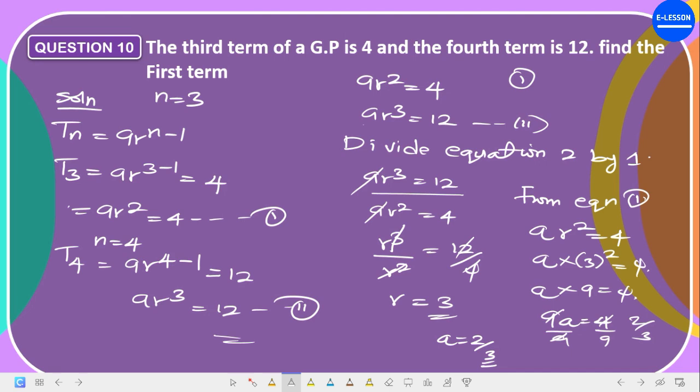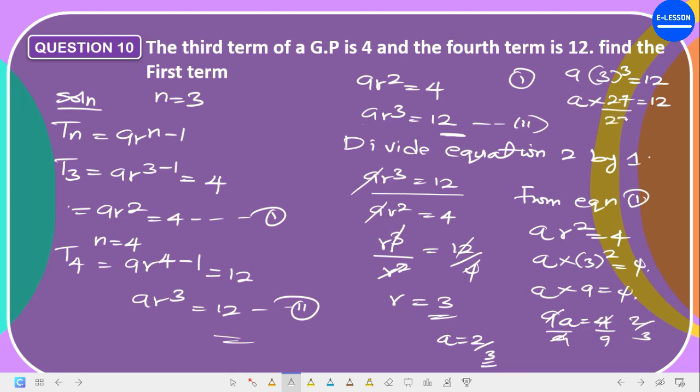I believe that makes sense, right? Let's try the other one and see if it will give us the same answer. If we use equation 2, this becomes a times 3^3 is equal to 12. We are substituting r into this equation now. This gives us a times 27 is equal to 12.